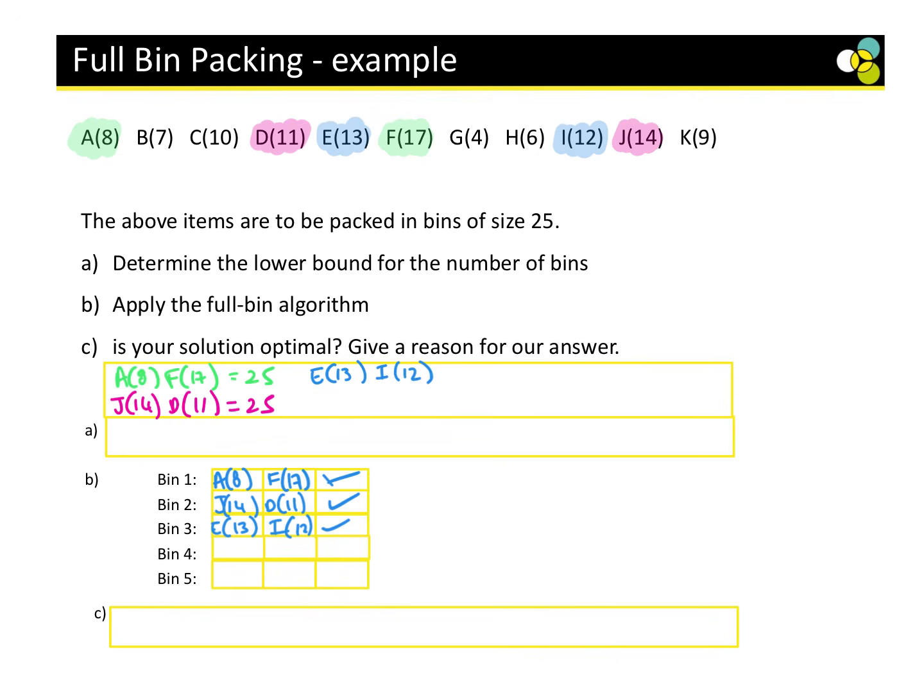Okay, now the rest, we have to use first fit. Okay, we've got another bin as well. K9, H6, C10. That adds to give me 25 as well.